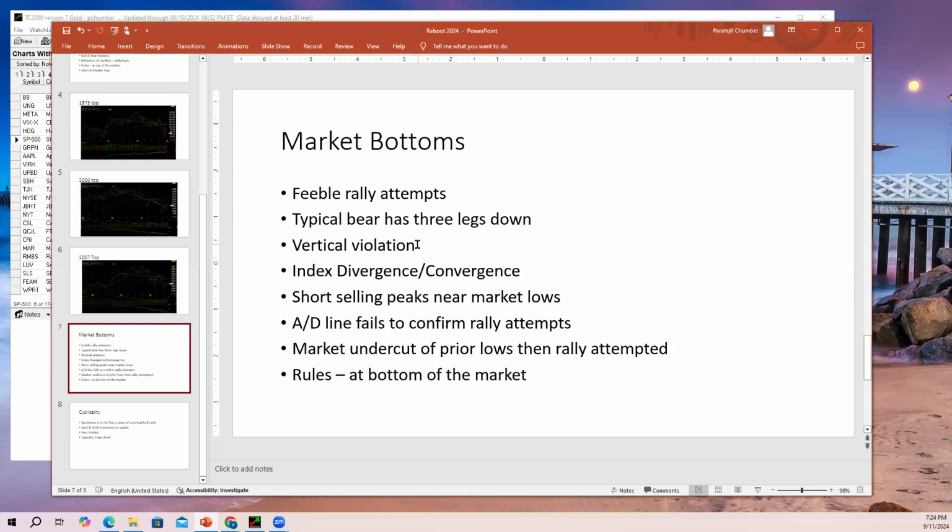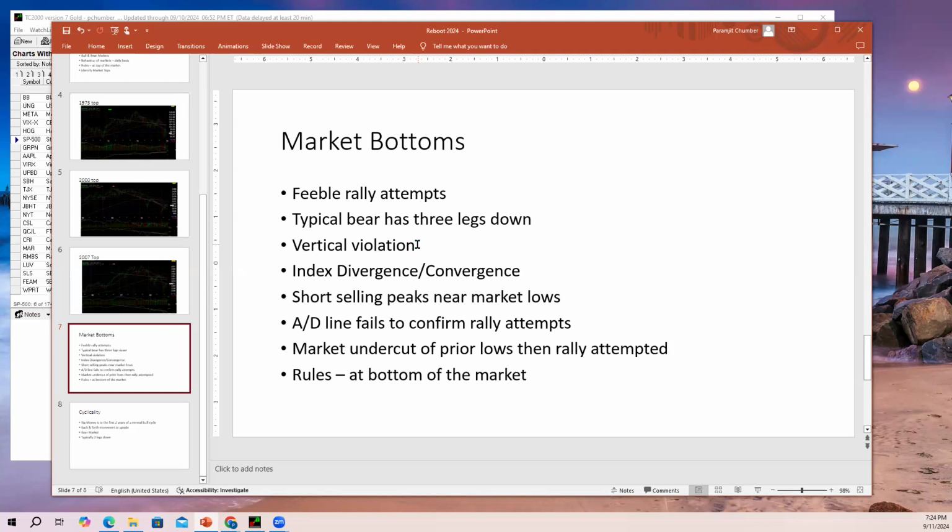As the market starts to pump down, that's why the 3rd leg down usually drops further than the first 2, because that's where a lot of the short selling starts to happen. People who were trend following will take a look and decide, okay, now's a good time for me to short because there's a trend in place. And when that picks up, it usually means we're close to a change.